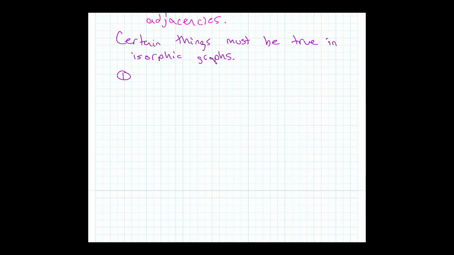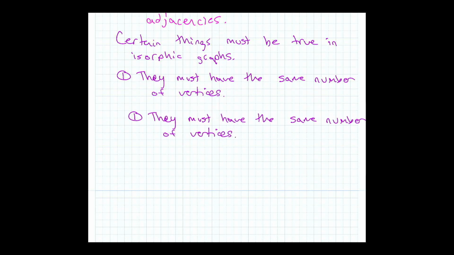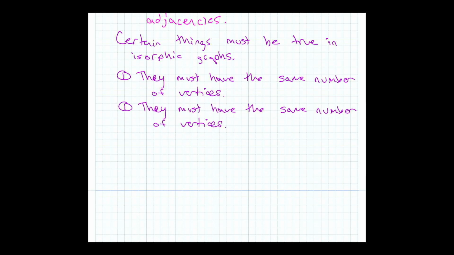Number one, they have to have the same number of vertices. Right? Hopefully that makes sense, because you're mapping the vertices from one to the other.